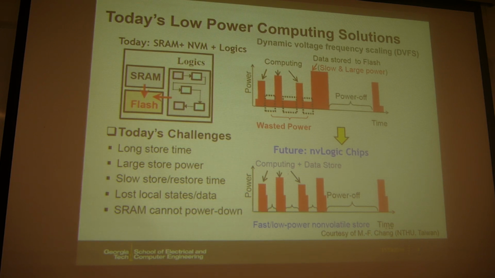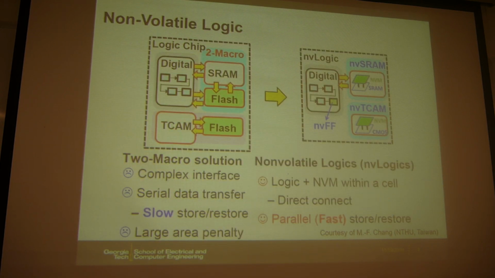And how do you do this? So you can look at the key components in the logic. For example, in the logic, you will have the buffer, or let's say SRAM cache, or flip-flop register.